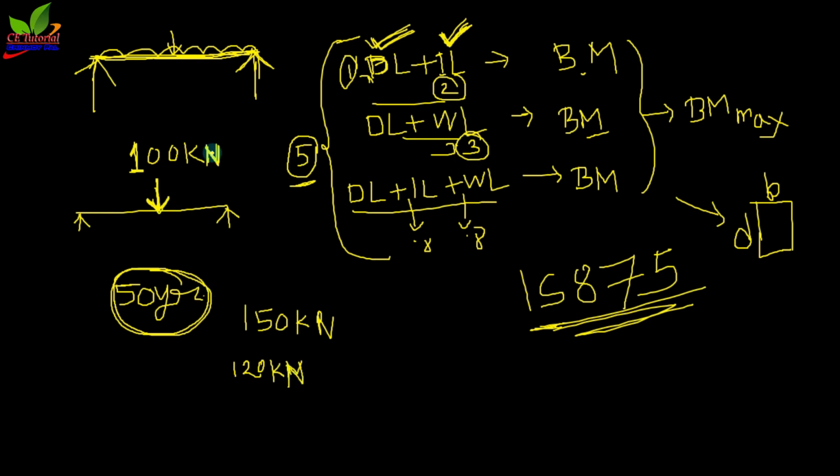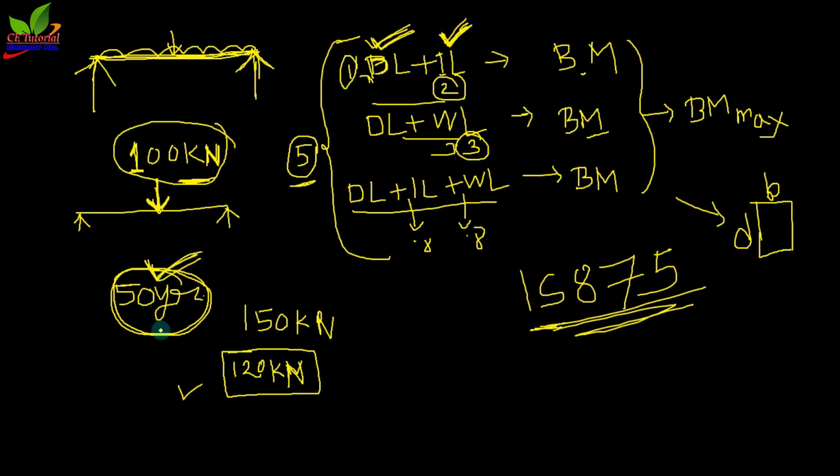We are designing the structure considering the 100 kilonewton load, and suppose one day 120 kilonewton load comes. IS code is saying that your structure will fail, because you are considering 100 kilonewton load, and 100 kilonewton load is what comes in the service lifespan of the structure.